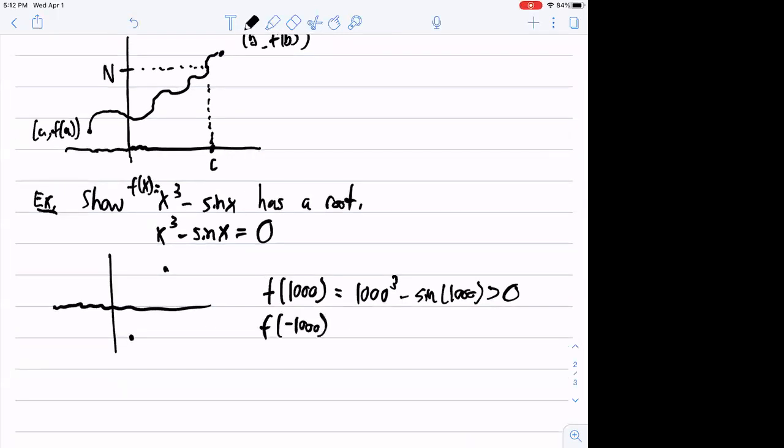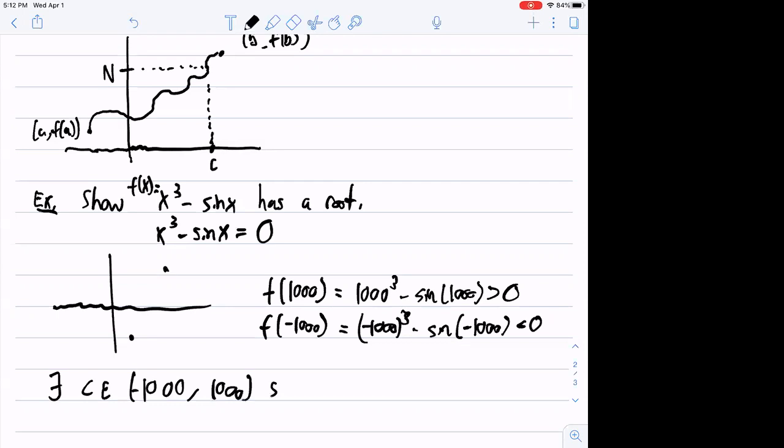Similarly, this is where the bounds matter. Sorry, this is cubed. This is clearly less than 0. Here, the bounds matter because IVT will say there exists C in the 2 values you plug in, so negative 1,000 to 1,000, such that f of c is 0. So by IVT.